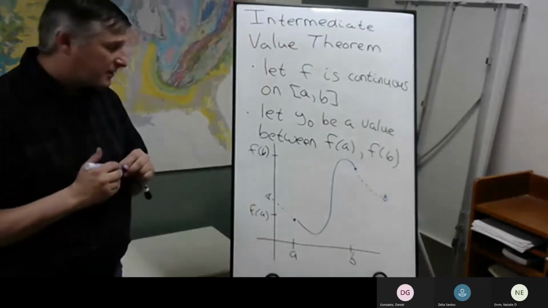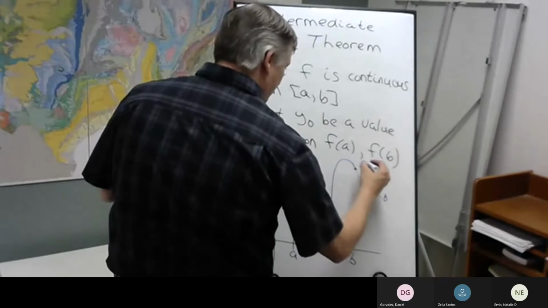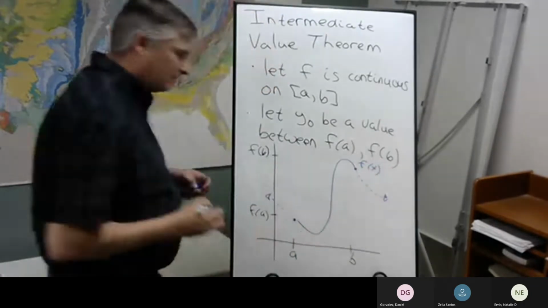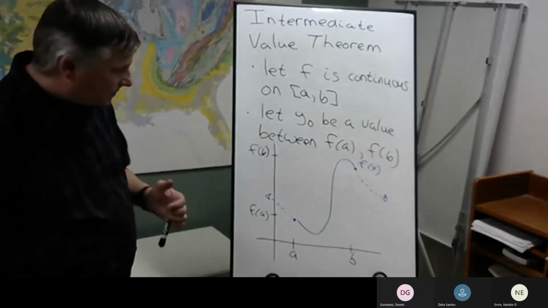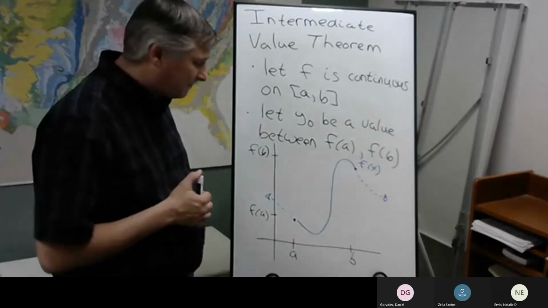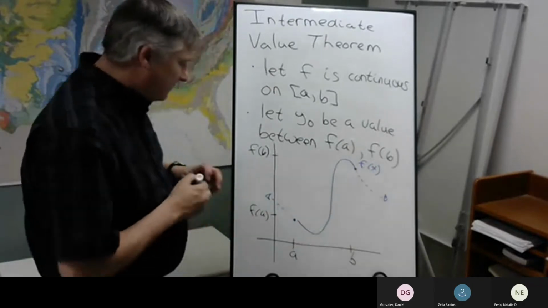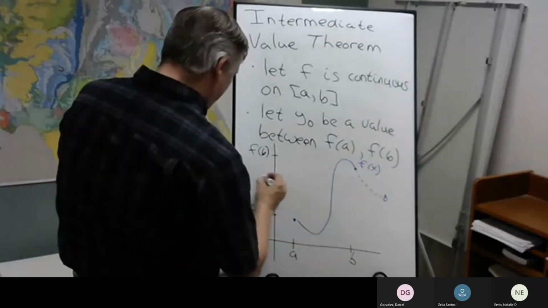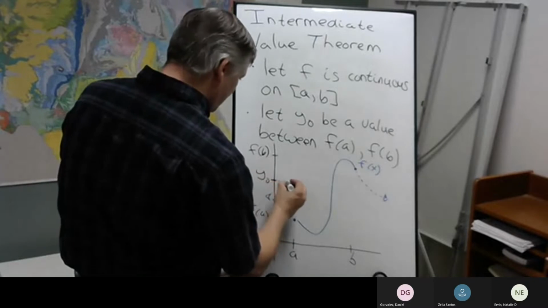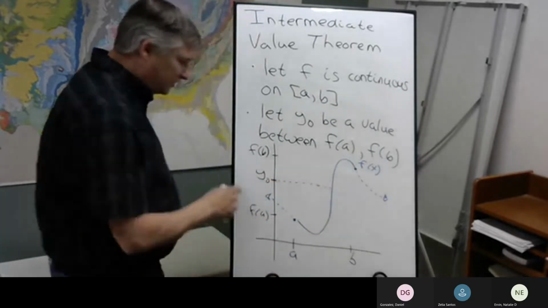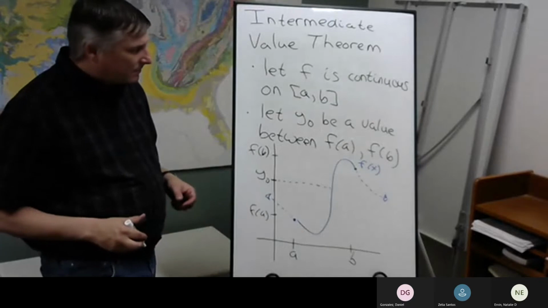So we're only focused on f of x between A and B. We're only interested in f of x between those 2 points. And let's say we have some y0 that's between f of b and f of a.